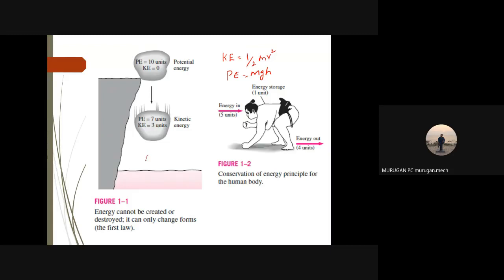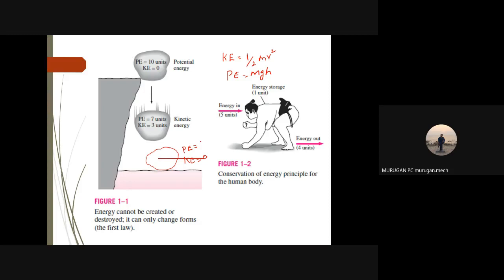So once it touches the ground, you tell me what is the value of PE and what is the value of KE. KE will be 0. What is PE? Maximum.